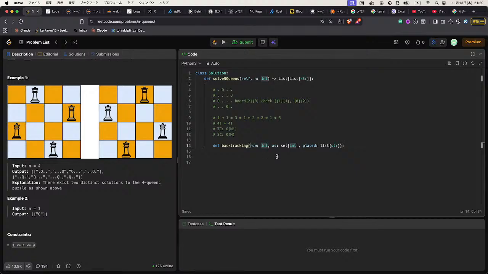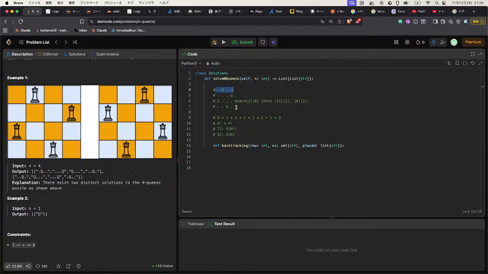No, we have column. Yeah, I think this is enough, and the row starts with 0.